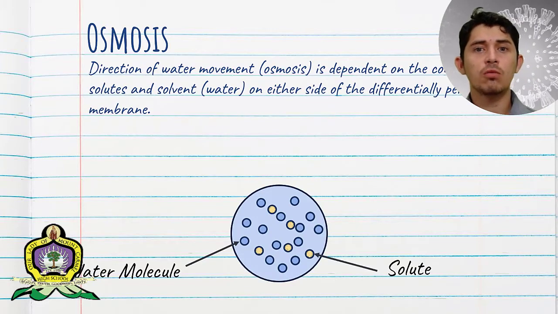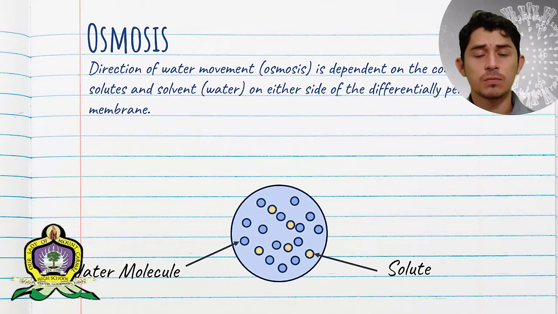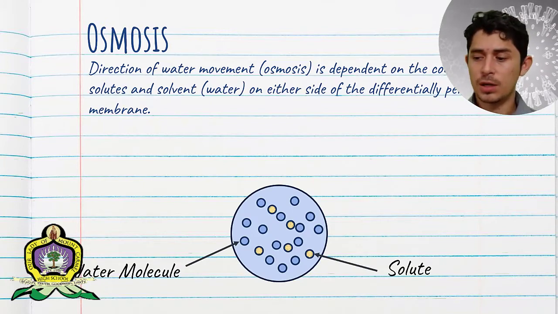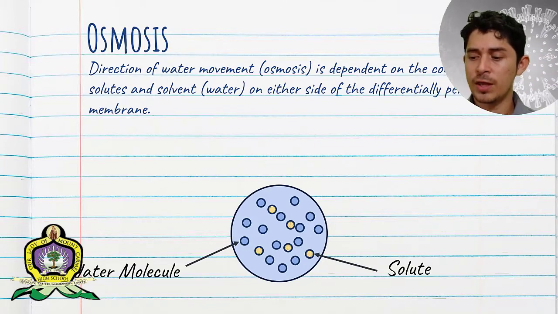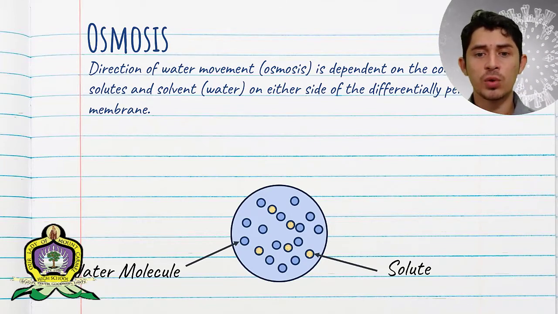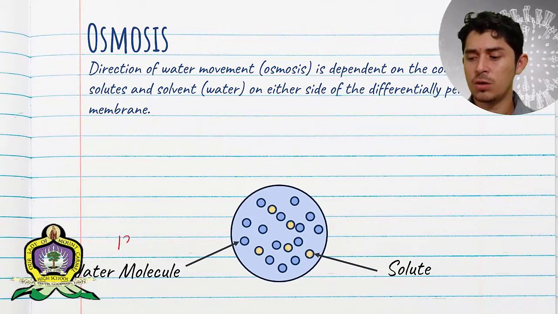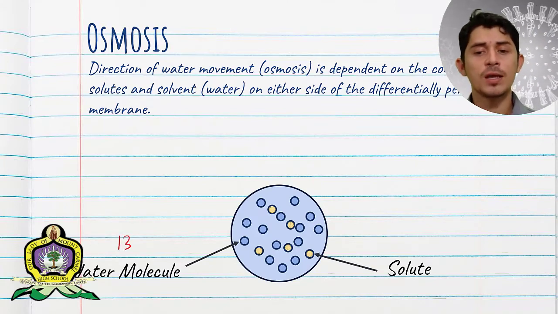One more thing I want to clarify in this video. I want you to look at the diagram below you. Each of the blue dots represents a water molecule. So in this case, how many water molecules do we have? So we have 13 water molecules. And how many salt? Let's say that the solute is the salt. How many do we have?